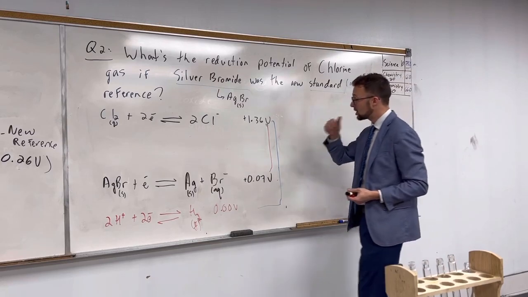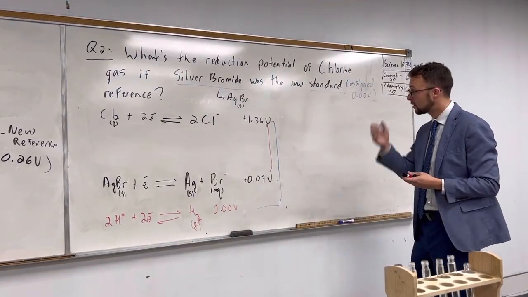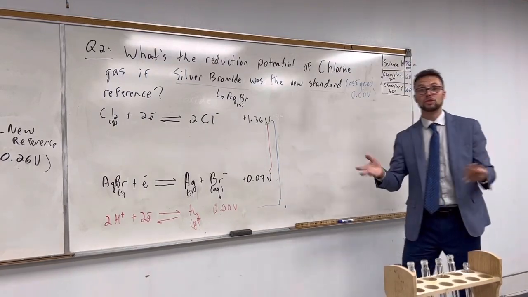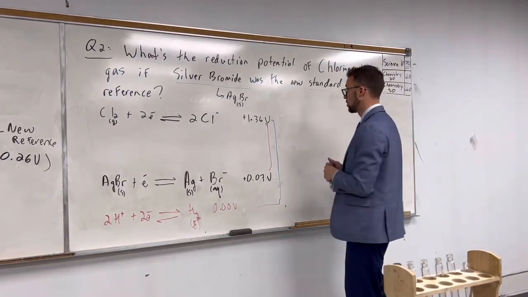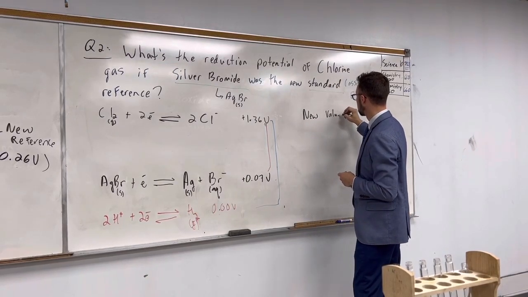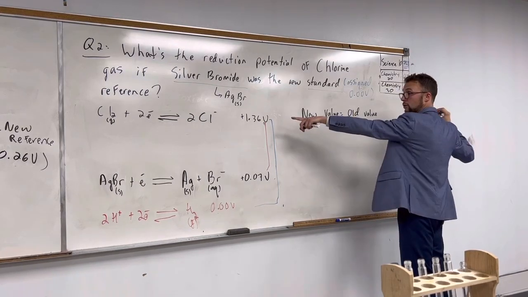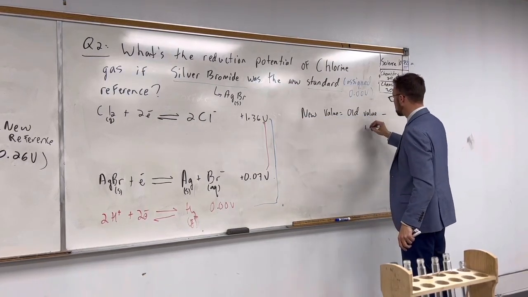Again, you can visually think about it. What's the difference between 1.36 and 0.07? You could say, okay, 1.29. Or you can use the formula once again, which is new value equals the old value of the chlorine gas minus the new reference.